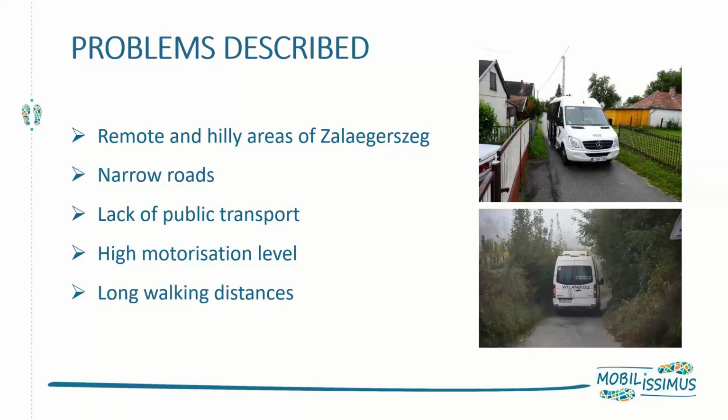So this is the framework condition: hilly areas, narrow roads, lack of public transport, long walking distances, high motorization, and, of course, a quite relevant urban sprawl.